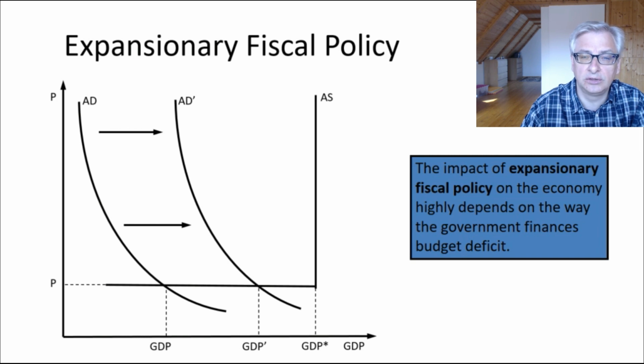Inflation will not be a problem because actually both points of macroeconomic equilibrium are at the same level of prices. So the general level of prices does not change. What changes is GDP that grows. This is how expansionary fiscal policy works.